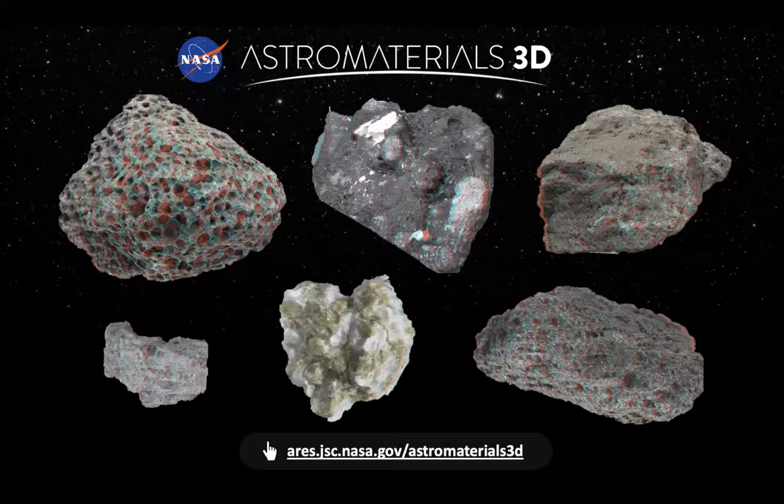So you can get to see a few other samples in anaglyph 3D as we're wrapping up. And also there is the website address to find the Astromaterials 3D. It's just ares.jsc.nasa.gov/Astromaterials3D. And you can also just Google Astromaterials 3D and the website usually comes up there too.